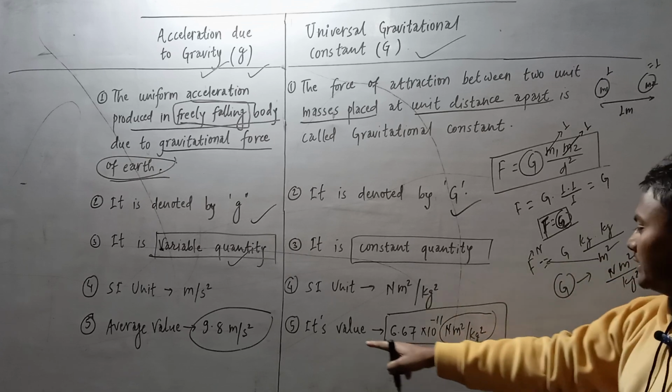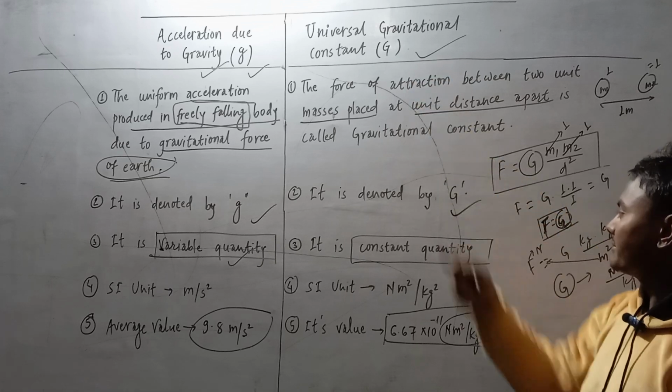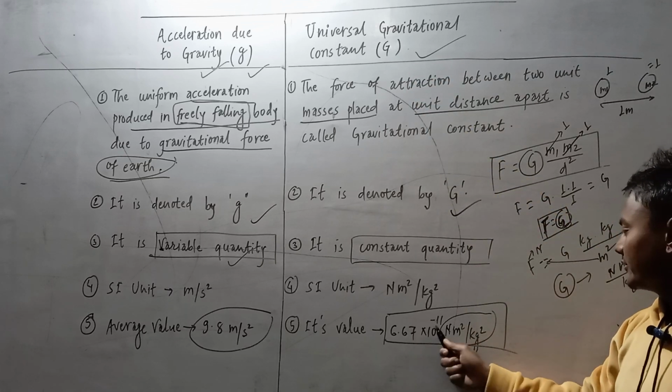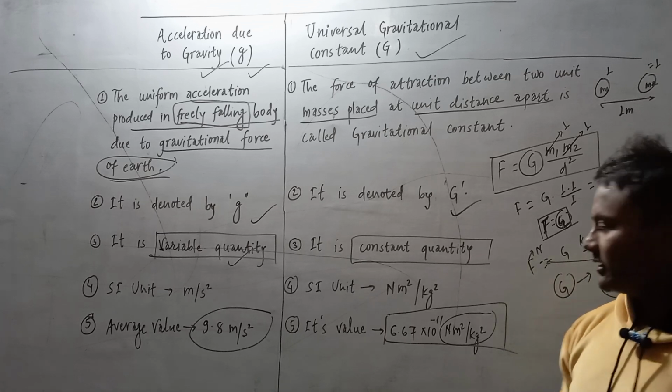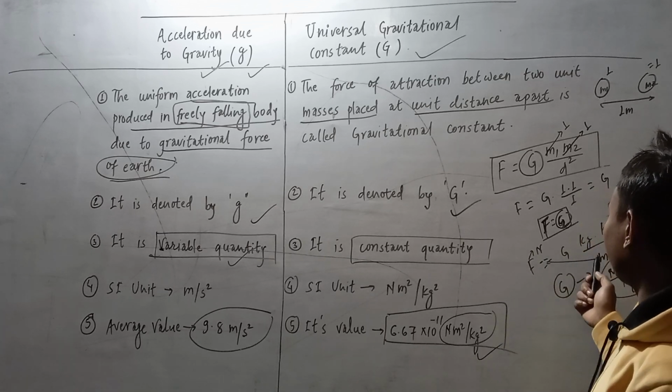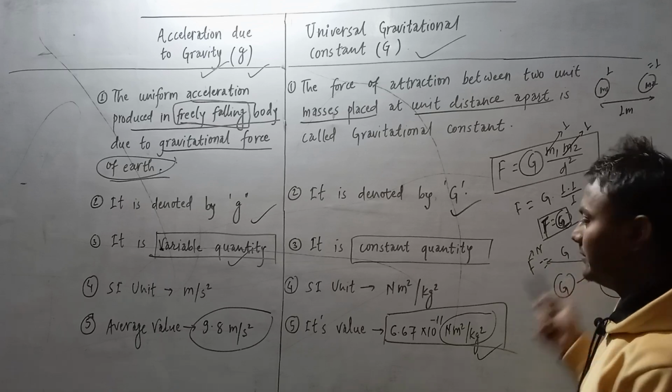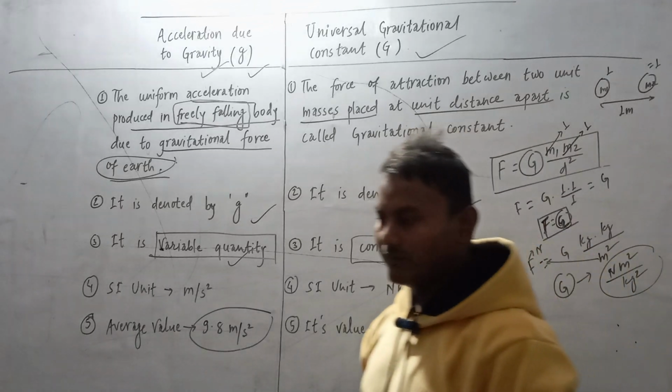So the value of capital G becomes 6.67 into 10 to the power minus 11, and the unit is Newton meter square per kg square. If you cannot remember the unit, you can calculate it by placing the fundamental unit of each quantity.